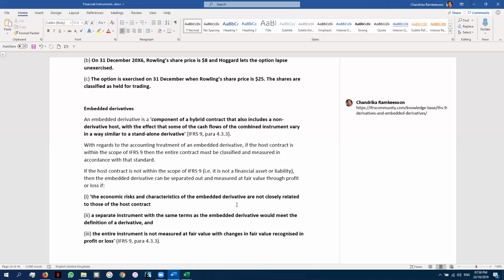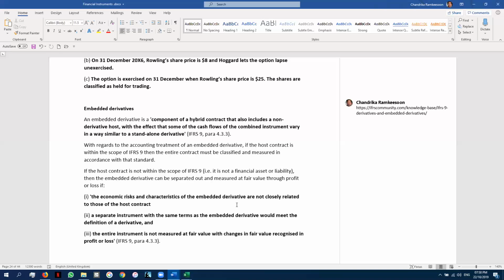Now, in that case, the non-derivative host is the bond itself. The derivative component is that right to convert into equity or to take the redemption proceeds, the right itself, similar to an option as what we saw earlier.